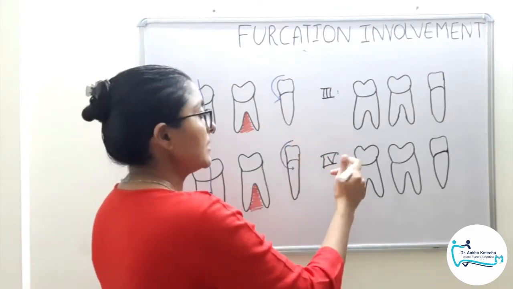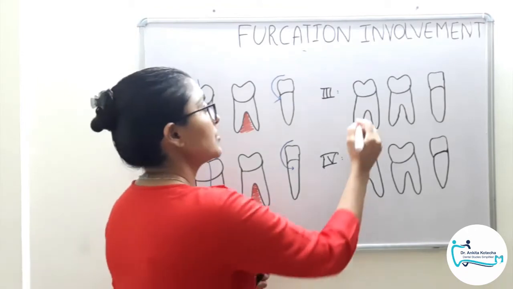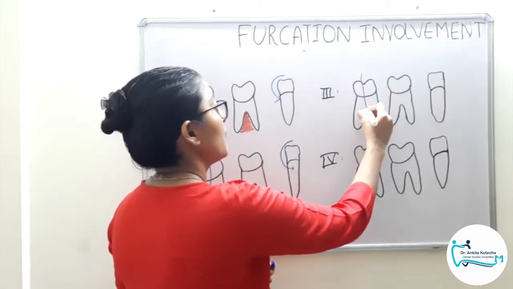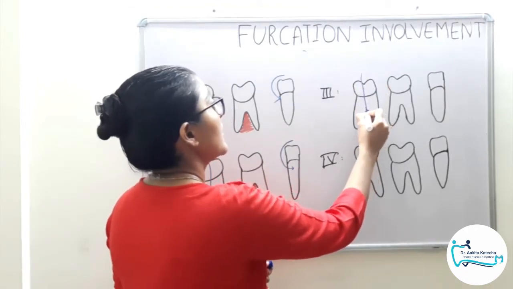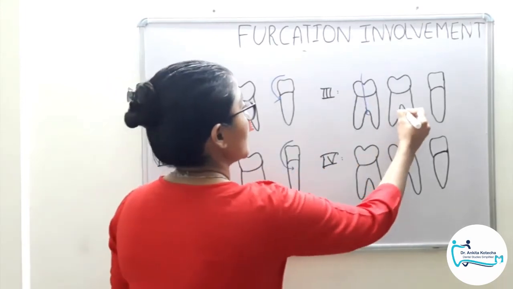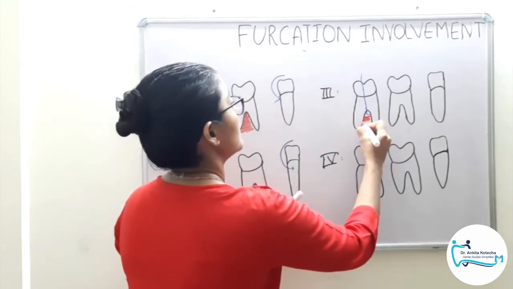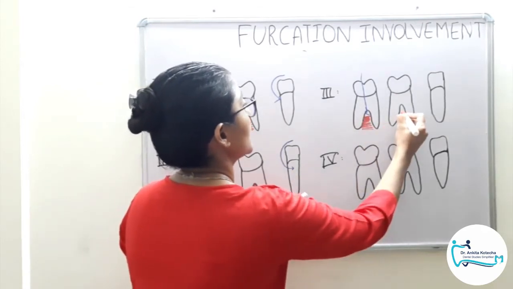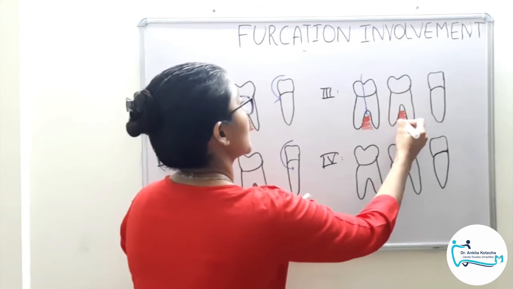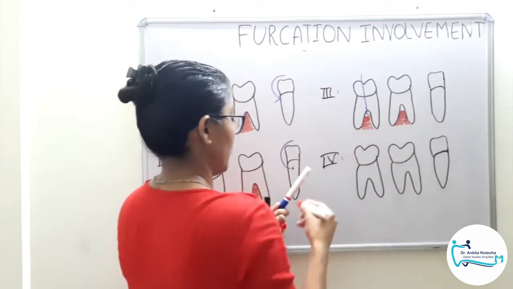Coming to grade 3, there is complete bone loss in the interradicular region, and hence the pocket is entering the furcation, which will be through and through. So on radiograph it will be total bone loss in the furcation and interradicular region, which is through and through.